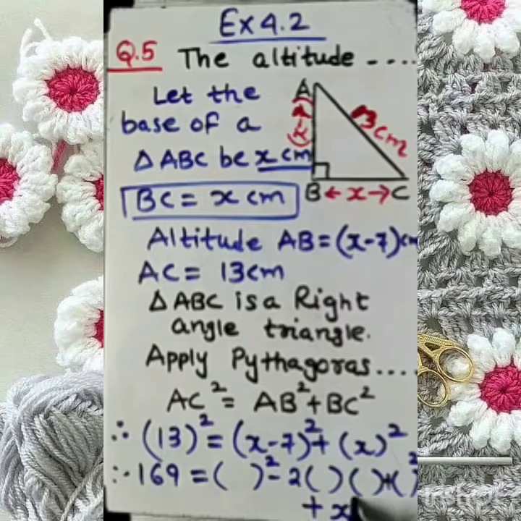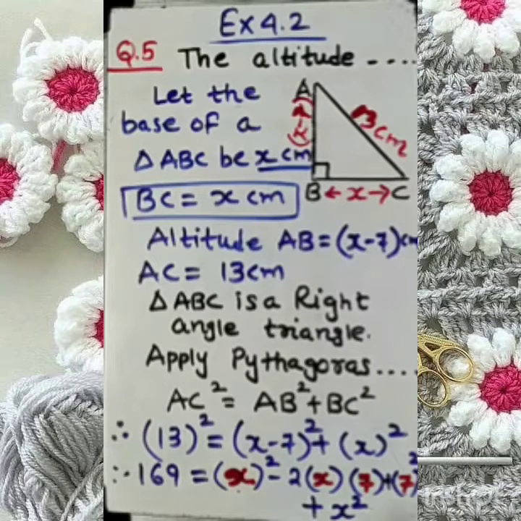According to the identity, a is x and b is 7. Once again, I am explaining: I have applied the second identity, a minus b whole square, which is a square minus 2ab plus b square. If I compare, then a will be x and b will be 7. And this x square is already there.